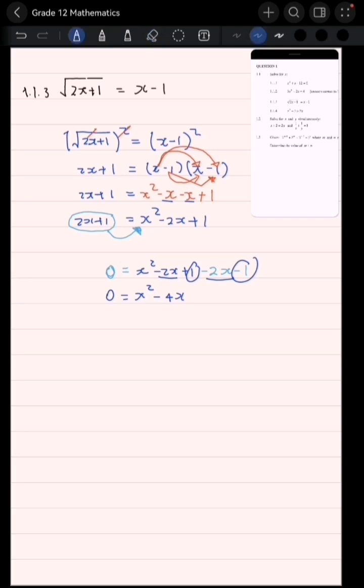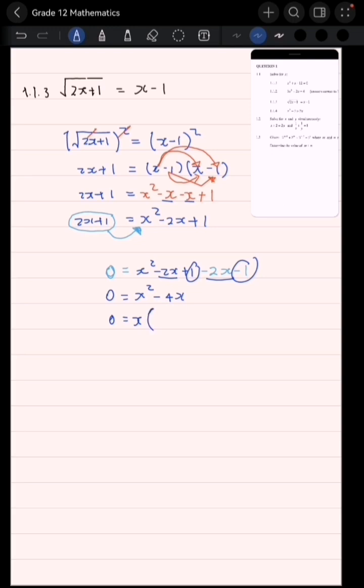We are going to take out x as a common factor. Remember, taking a common factor is taking out a number in such a way that when we take that number outside and we multiply it with everything that is inside the brackets, we get the original equation. So we are going to take out x as a common factor.